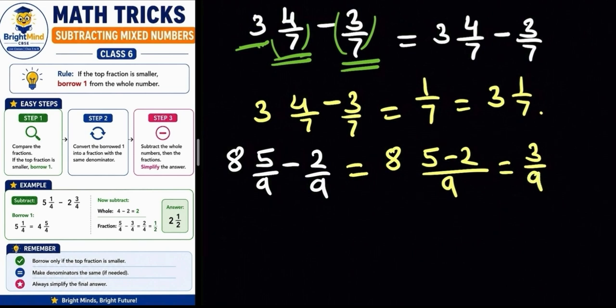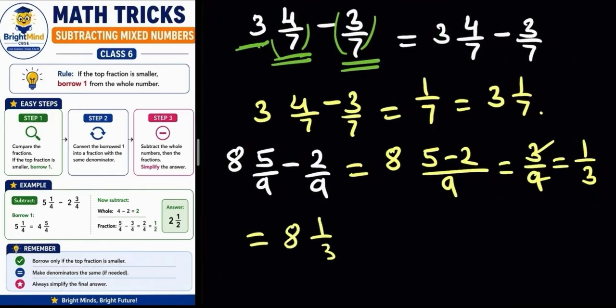Now we can reduce 3 by 9, since both numbers are divisible by 3. So it will come 1 by 3, right? 3 times 1 is 3 and 3 times 3 is 9.